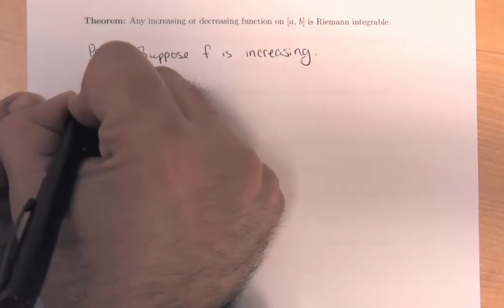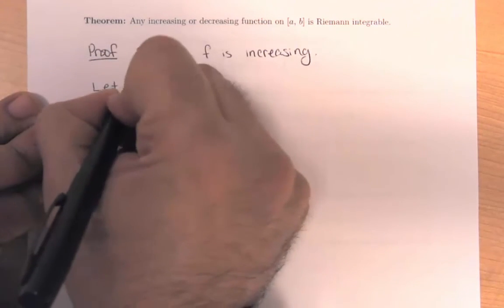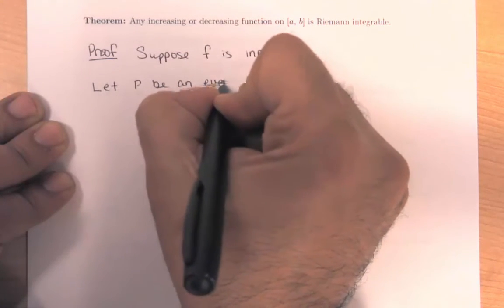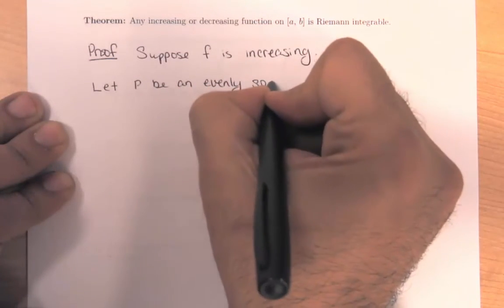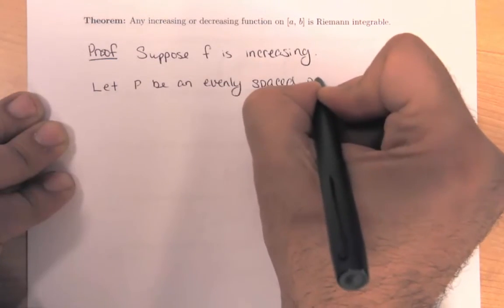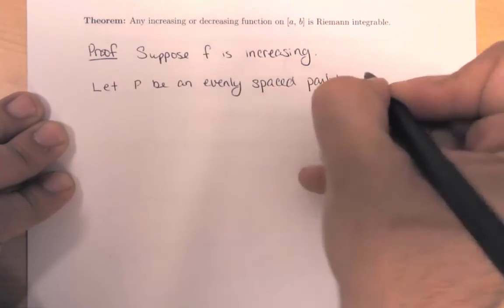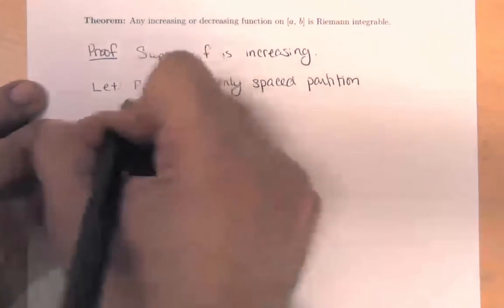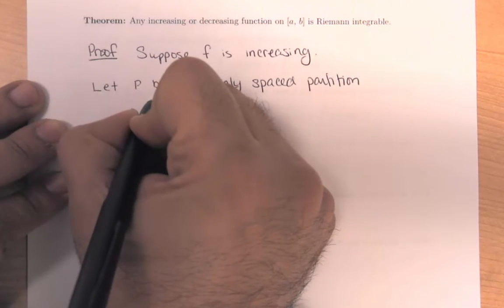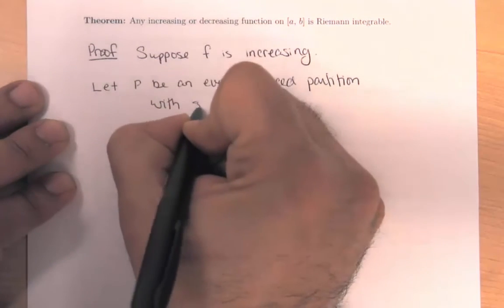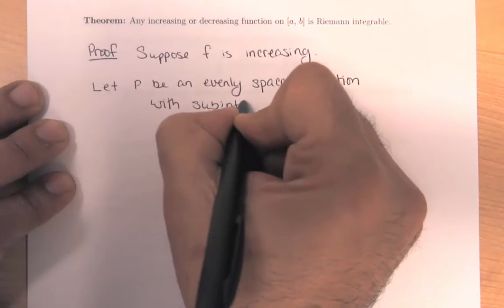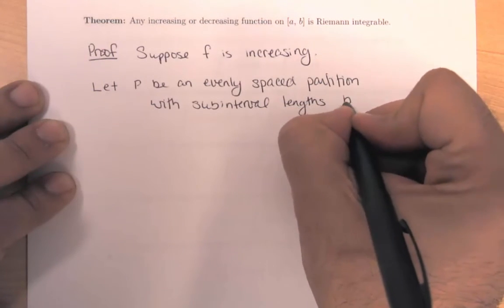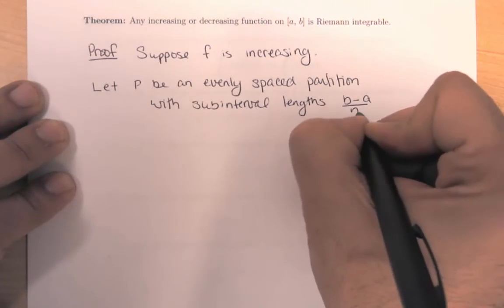Now, let P be an evenly spaced partition with subinterval lengths b minus a over n.